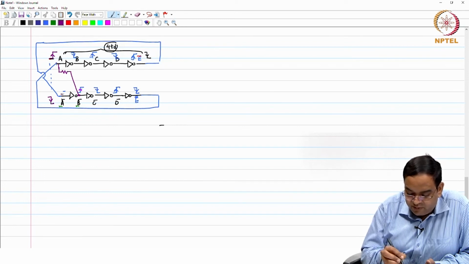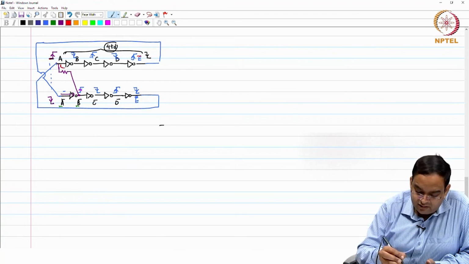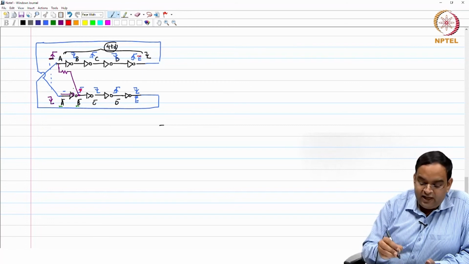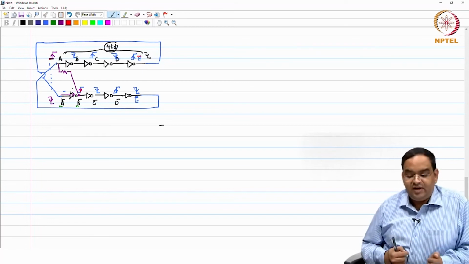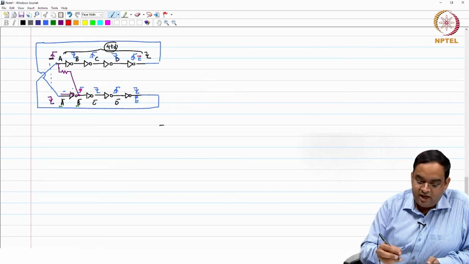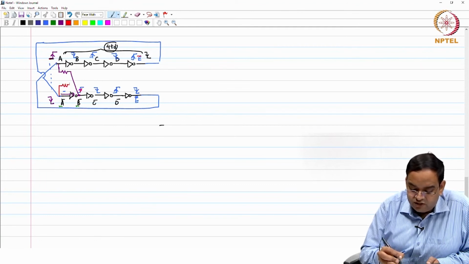So, you have one path leading this way and you have another path assisting it. So, you try to maintain the phase relationship between B and B bar, and in order to complete that I should have another resistor which connects like this.